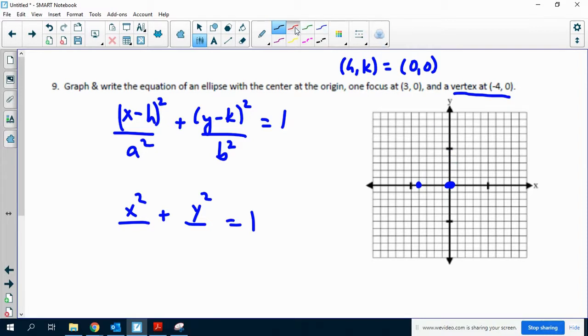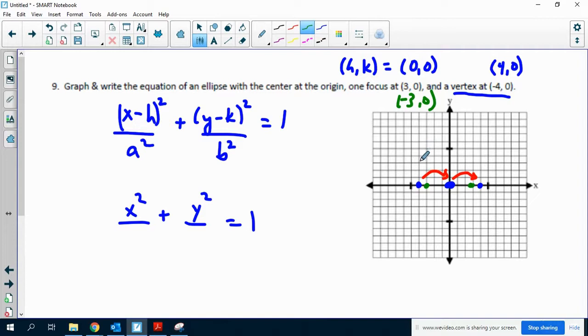Since the center is 4 units away, that means the other vertex is going to be 4 units away in the other direction. So I also have a vertex at (4, 0). Now, the focus is at (3, 0), which means I will have another focus at (-3, 0).